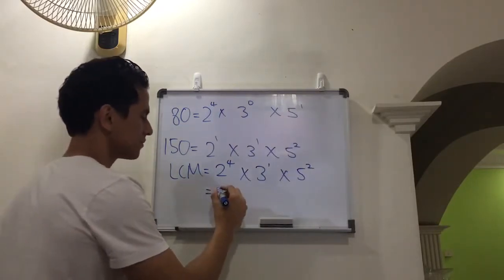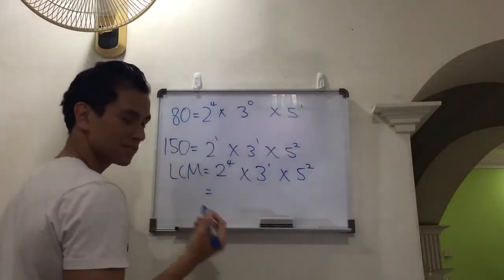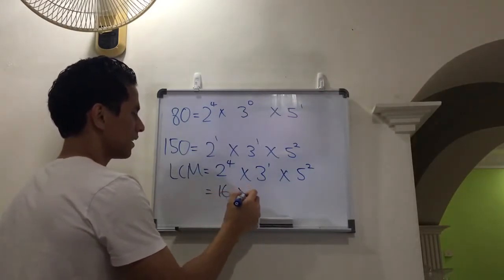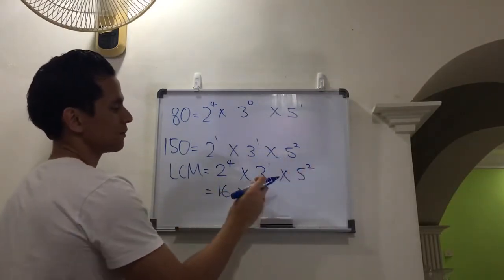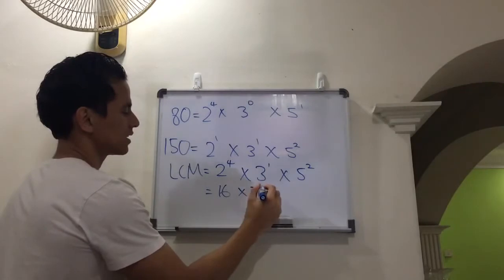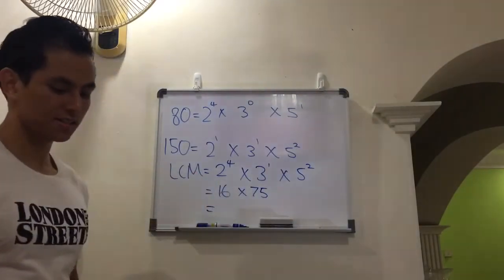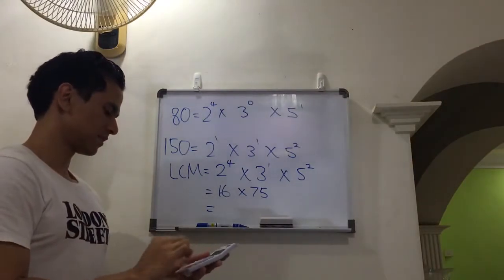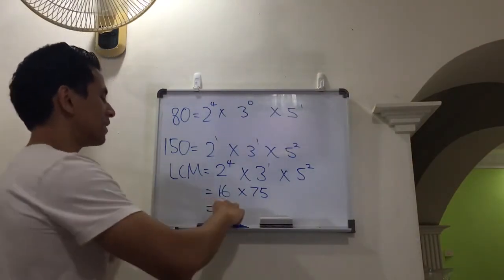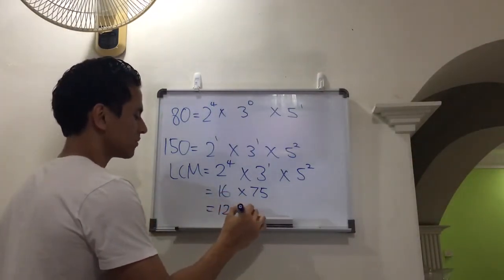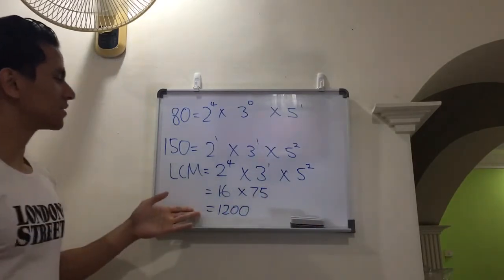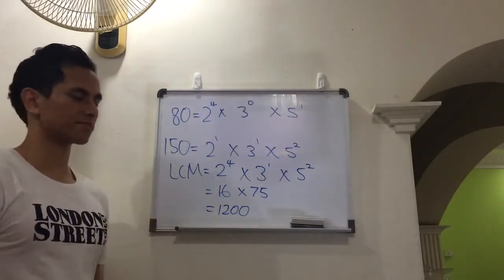Therefore, this will just be 16, and this will be 25 multiplied by 3 gives us 75. So we press this in our calculator, and we get the number 1200. So this is the answer of the lowest common multiple.